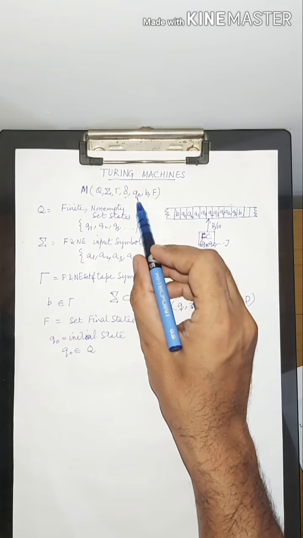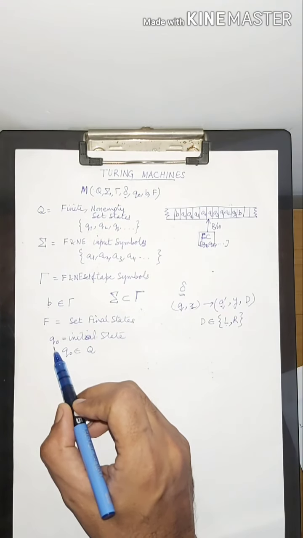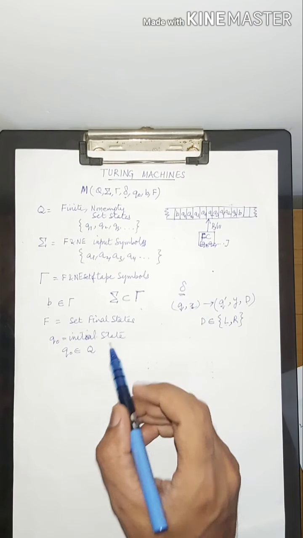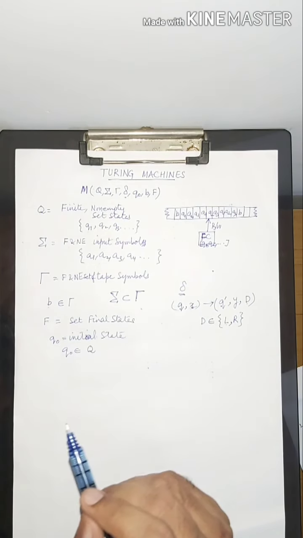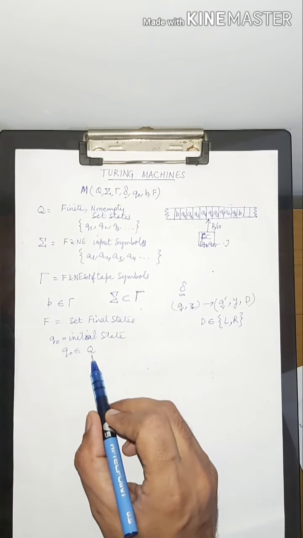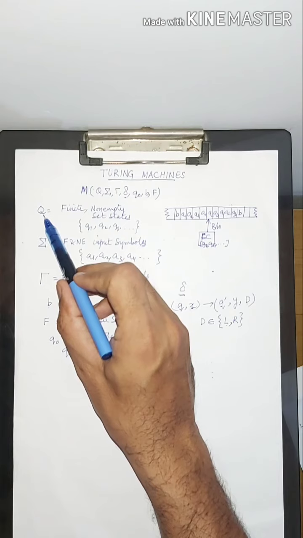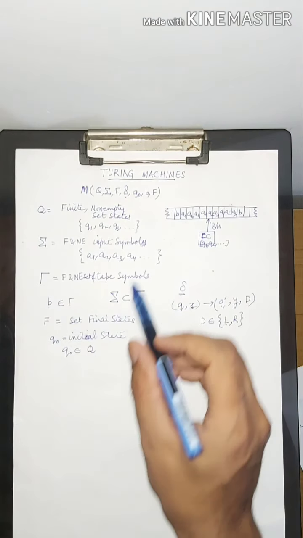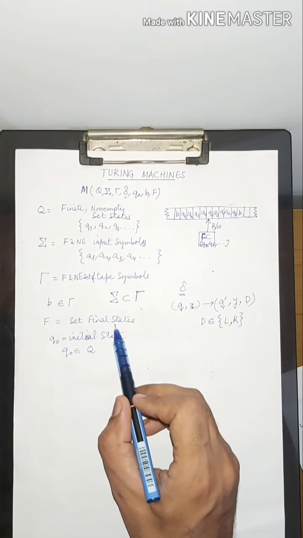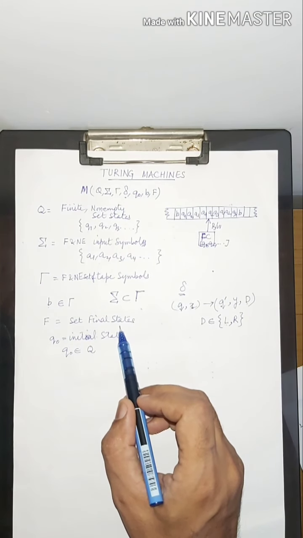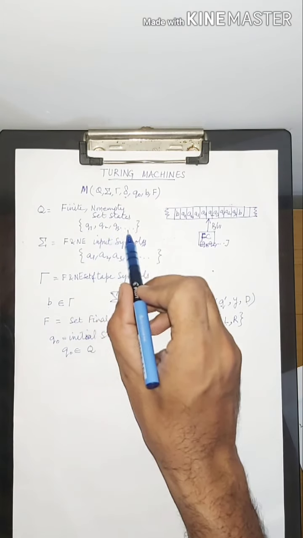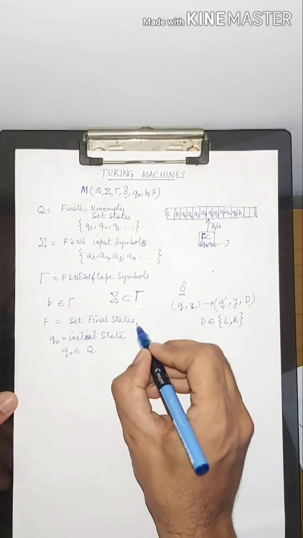In addition to it, we have Q0. Q0 as usual is the initial state. There is one initial state from where the machine will start working. This state obviously belongs to the set of states. In addition to it, we have capital F, a set of final states, as in case of finite state machines, which belong to this set Q only itself.